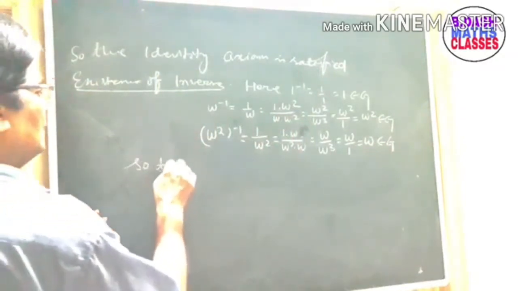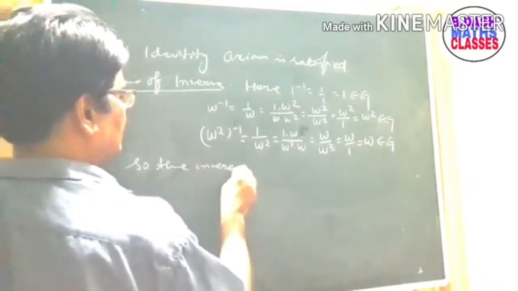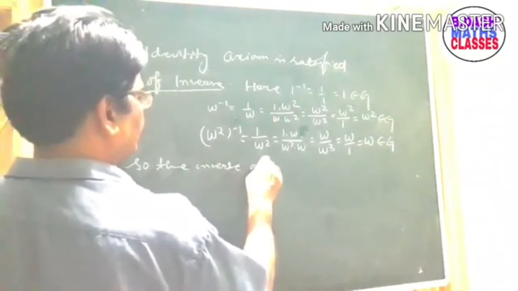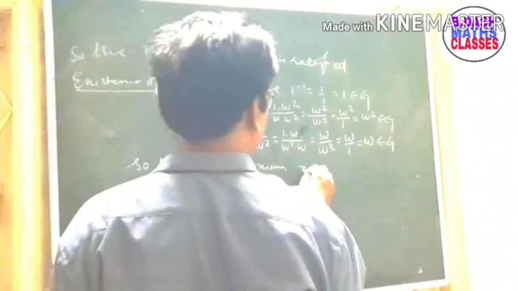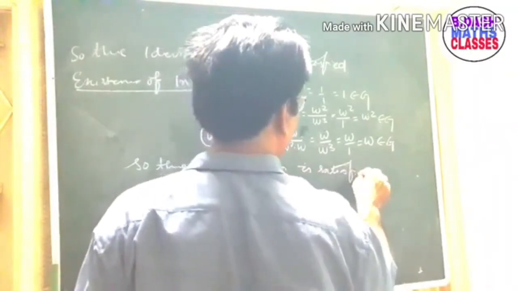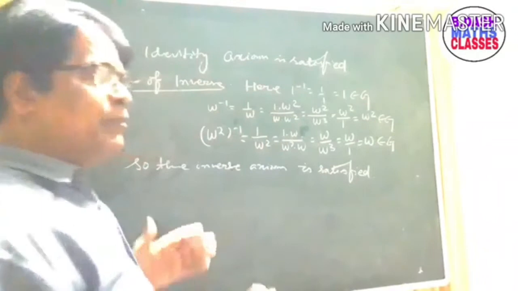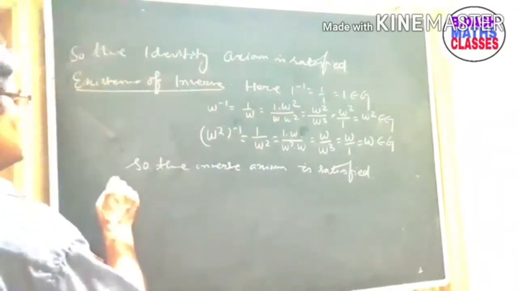So the inverse axiom is satisfied. So all the four properties of the group are satisfied by G, hence G is a group.